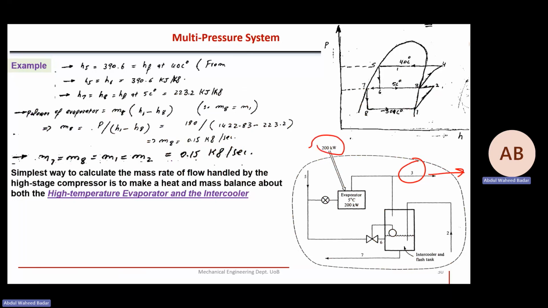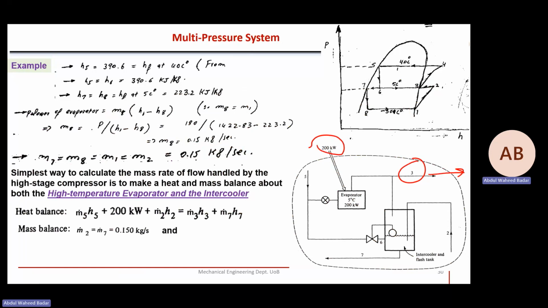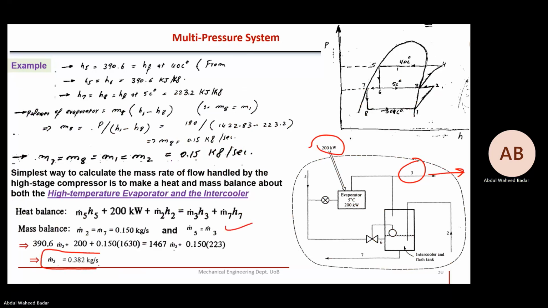And here this is important. 200 kilowatts is also entering. So that's what I explained. So just put values. Here this will give us m dot 3. Look, m dot 3 is higher than m dot 2, almost double, more than double, because there is another evaporator. Now we can find out work of compressor.